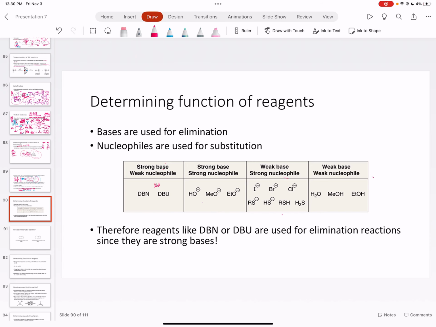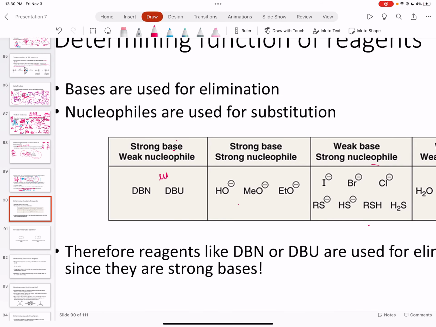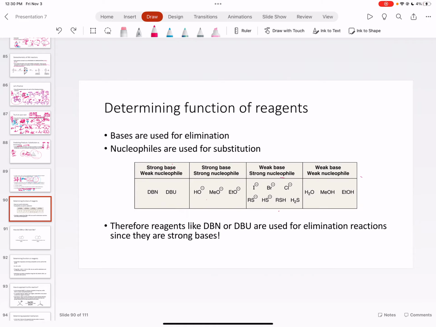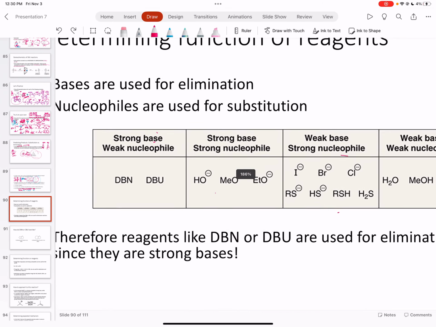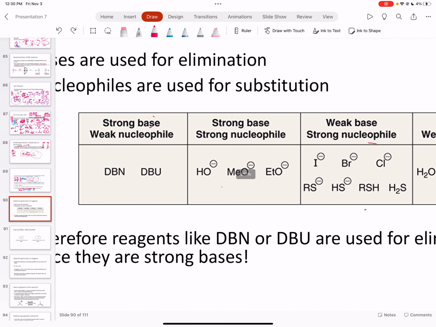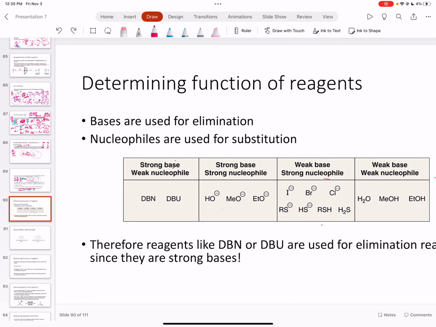So, determining the function of reagents. Nucleophiles are used for substitution, and bases are used for elimination.